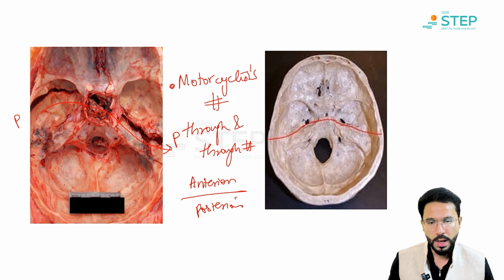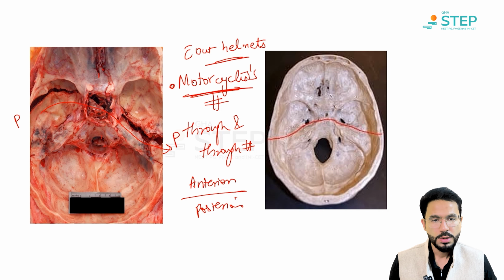So here two halves are separated, the skull divides like this. This is known as a motorcyclist fracture. Obviously, very commonly seen in motorcyclists who are traveling without helmets. So once they hit another speed moving vehicle, this fracture is most commonly seen in autopsy.